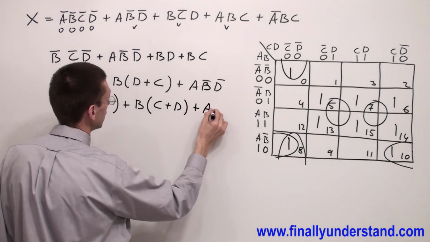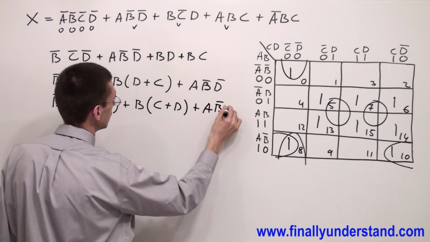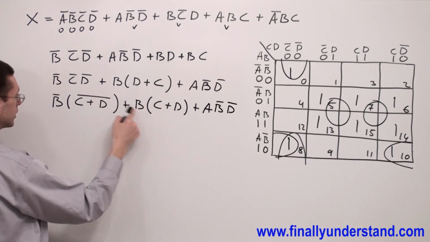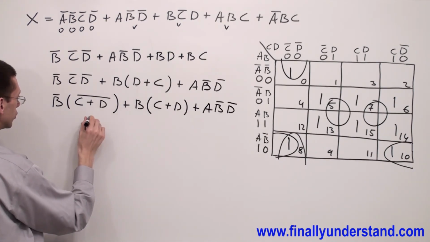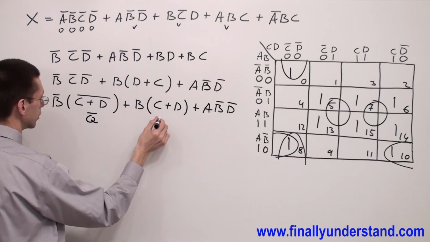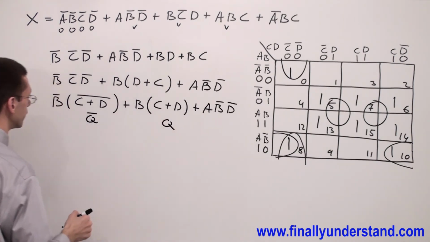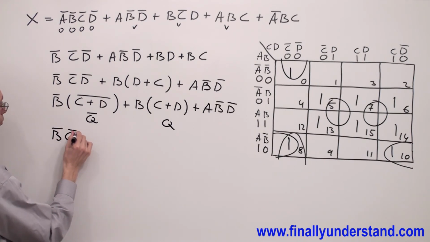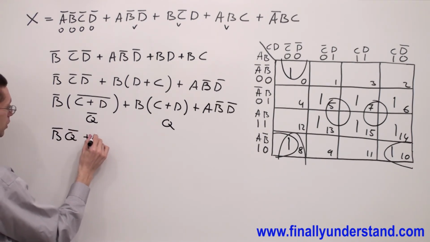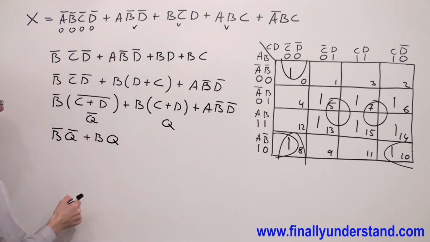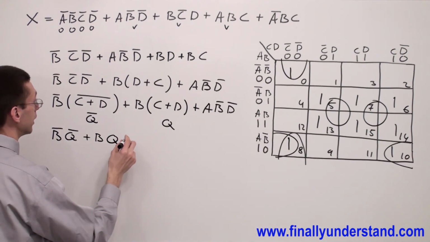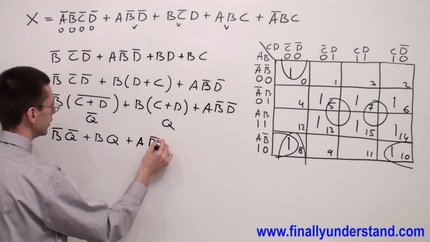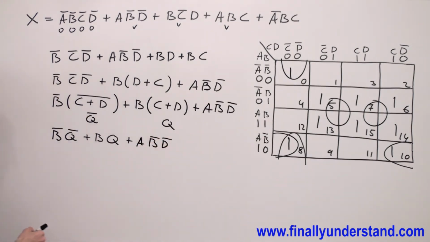I have A, B naught, D naught. Because these are the complements, I'm going to call this Q naught and this one Q. I have B naught, Q naught, or BQ, and I have A, B naught, D naught.